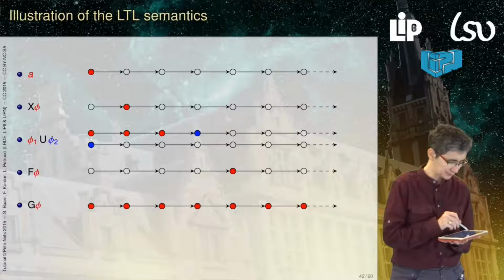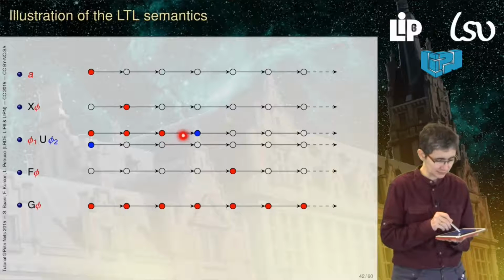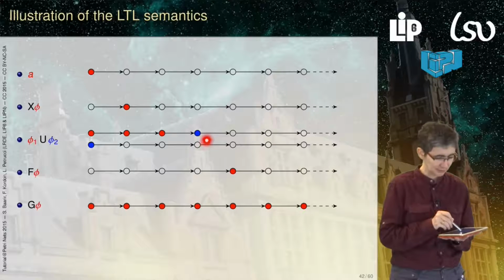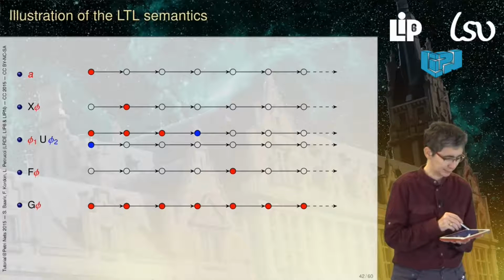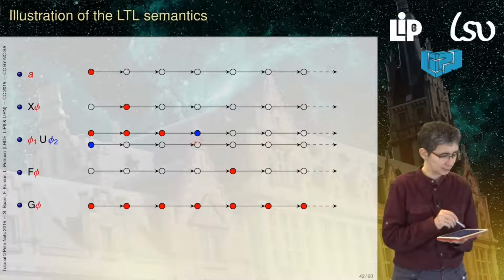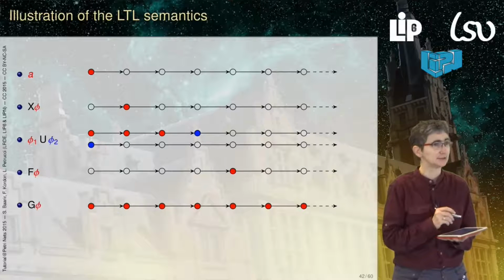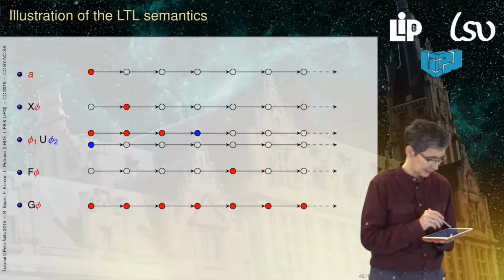For phi1 until phi2, we have two examples. In the first one, you can see phi1 is satisfied, it's the red formula, all the way until I find an index where phi2 is satisfied. Afterwards anything can happen, we don't care. But phi1 must be satisfied all the way until we find phi2. The other possibility is to have phi2 immediately satisfied, so phi2 is satisfied at index 0.